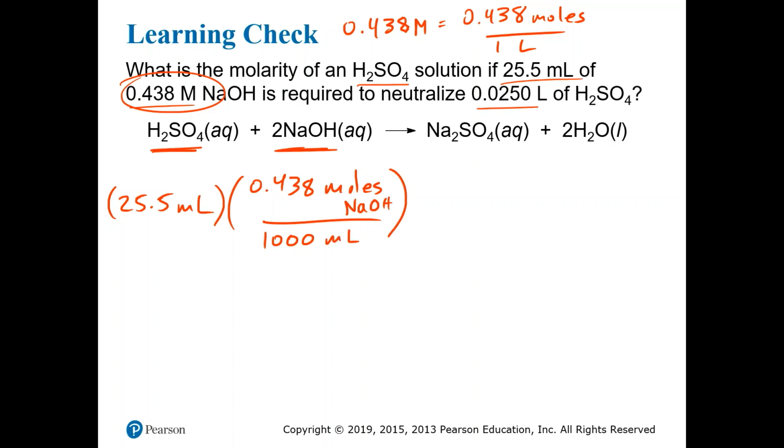Again, we're using the quick conversion of 1 liter to 1,000 milliliters to account for the fact that our volume is given to us in milliliters. So we want to cancel that unit out. This is going to leave us with moles of sodium hydroxide.